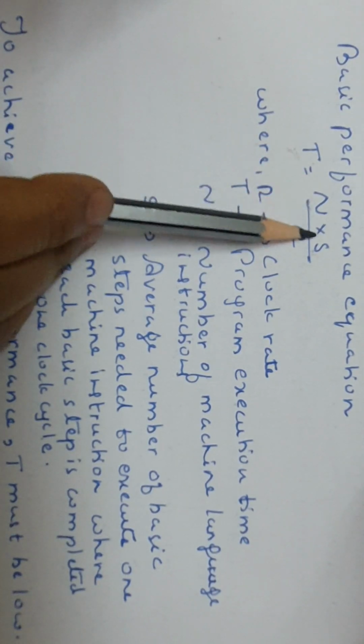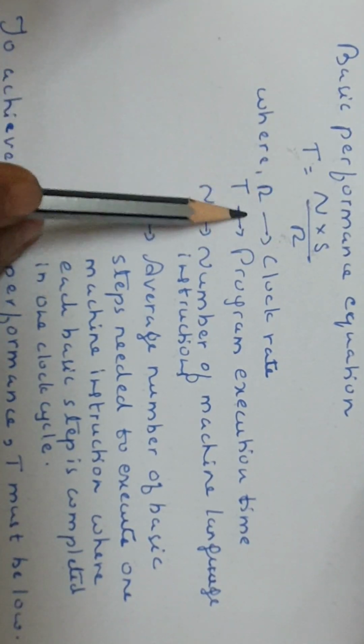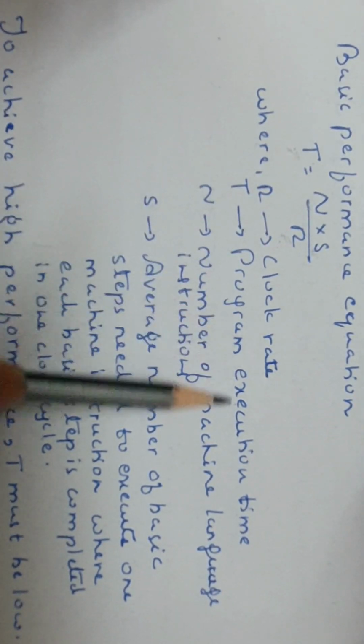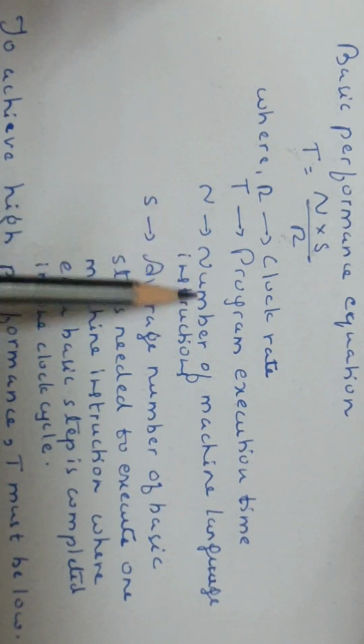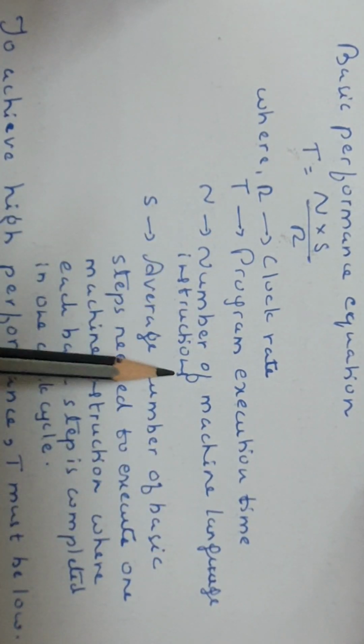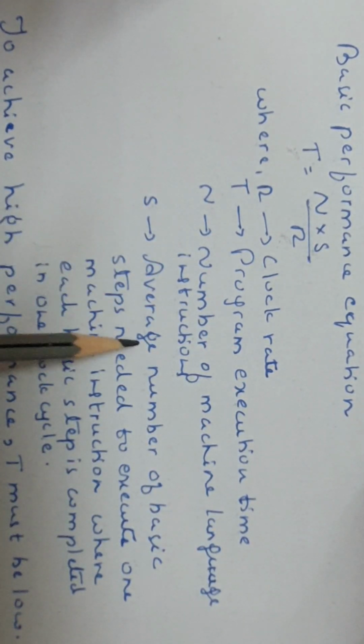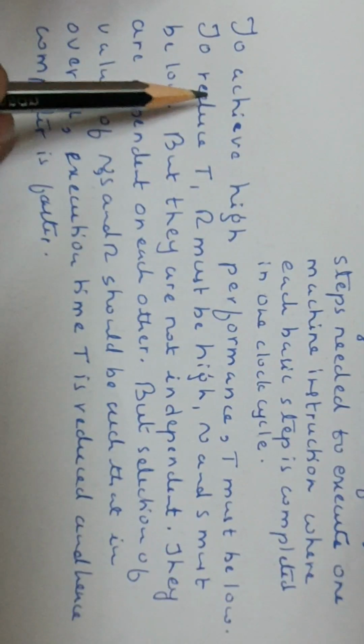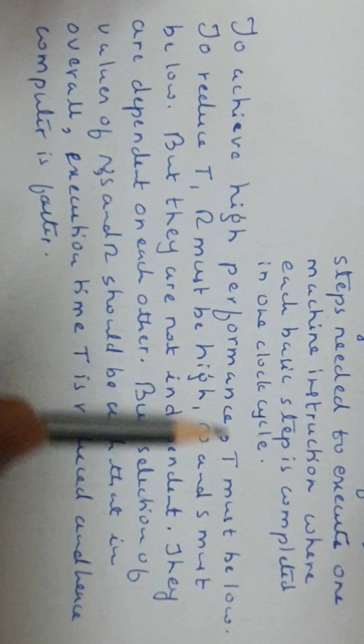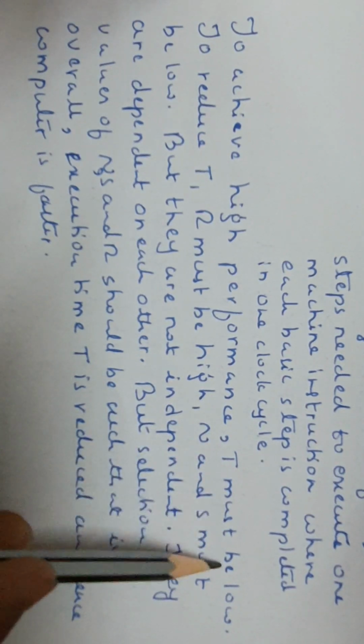T equal to N into S upon R, where R is the clock rate, T is the program execution time, N is the number of machine language instructions, S is the average number of basic steps needed to execute one machine instruction, where each basic step is completed in one clock cycle. To achieve high performance, the execution time T must be low.